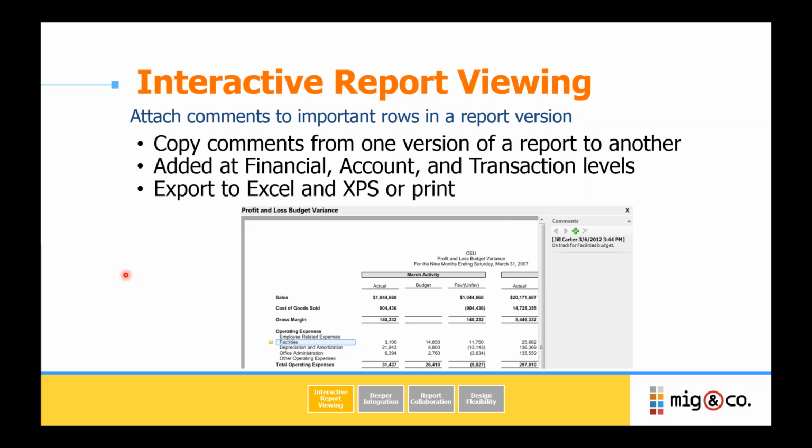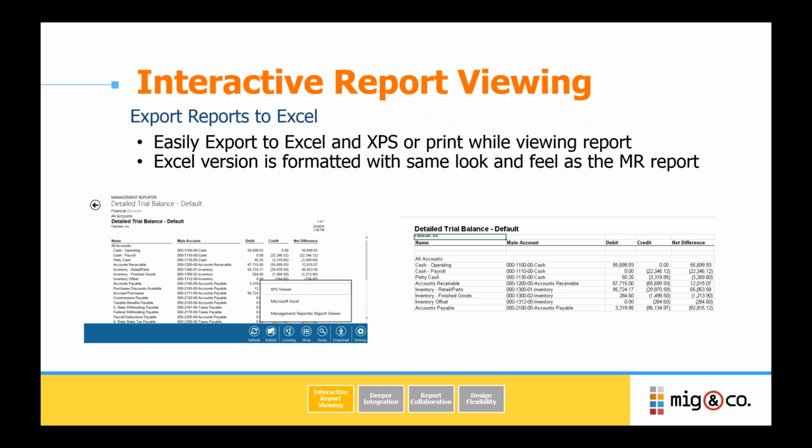Another feature we're going to discuss next is the export to Excel and XPS or printing. This feature was also in FRX as well. I just wanted to discuss how it's used with Management Reporter.